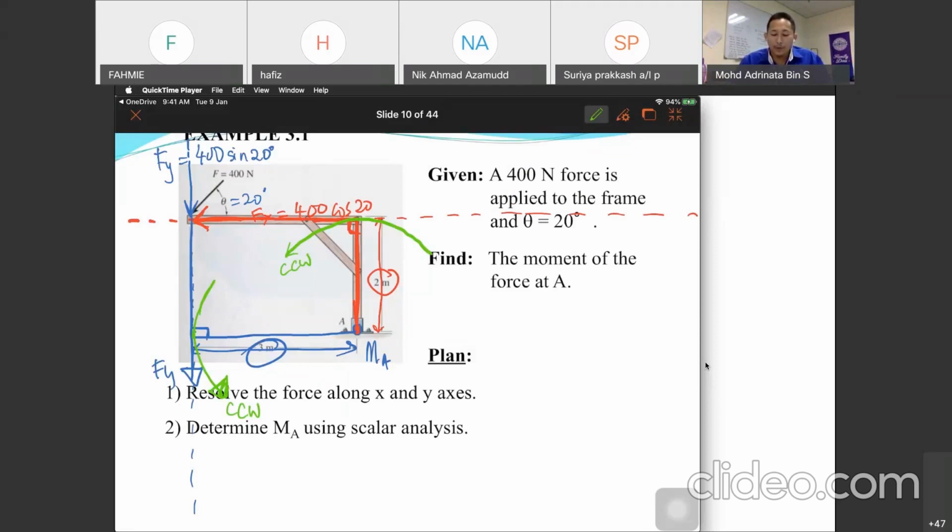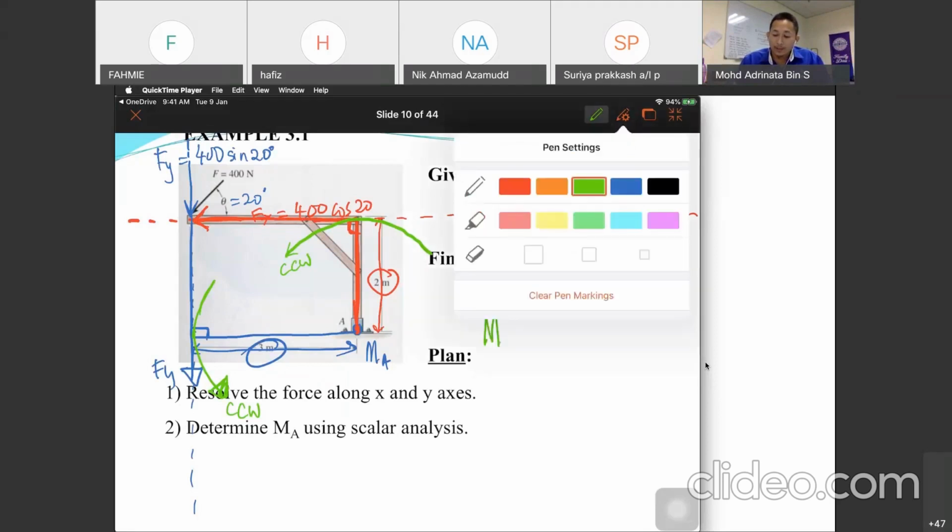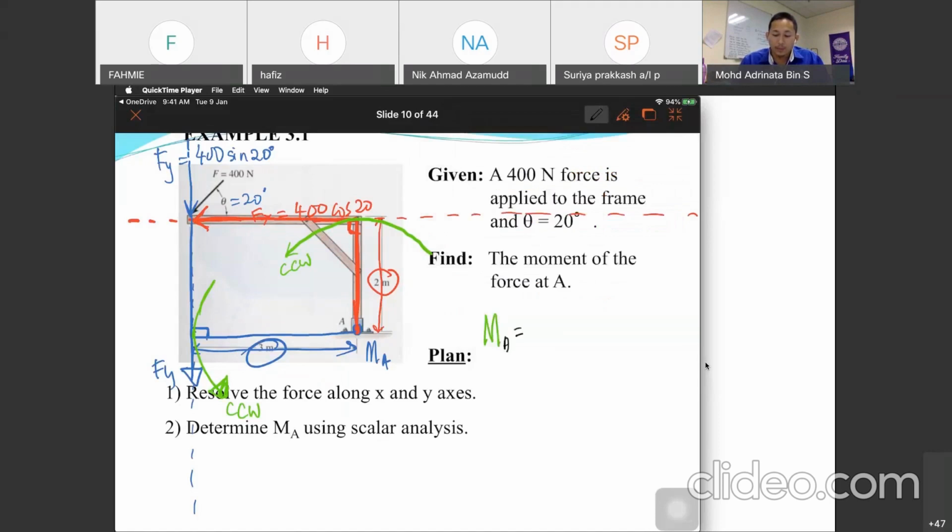So you have your moment at A. Moment at A is equal to Fx, 400 cos 20, times the distance, which is 2 meters, and then plus or minus counterclockwise 400 sine 20 times your distance of 3 meters.